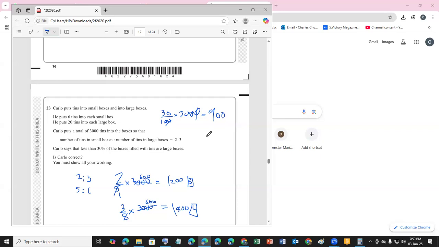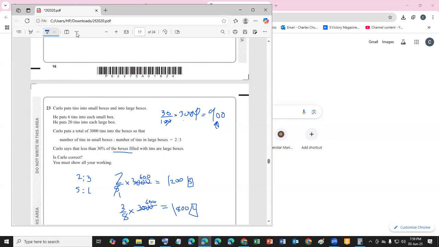Okay, so now, let's not mix it up, okay? Let's not mix it up. Remember, it says 30% of the boxes, not 30% of the number of tins. What we're dealing with here is the number of tins, not the number of boxes. So I'm not too sure if this is what I should be doing.